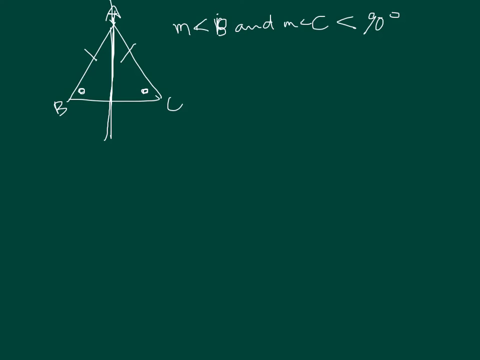This altitude divides this isosceles triangle into two triangles, which we call, let's say, ADB and ACD. Now we can use the fact that segment AB is congruent to segment AC, and also segment AD is congruent to segment AD.